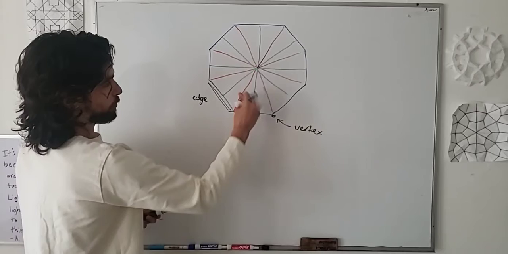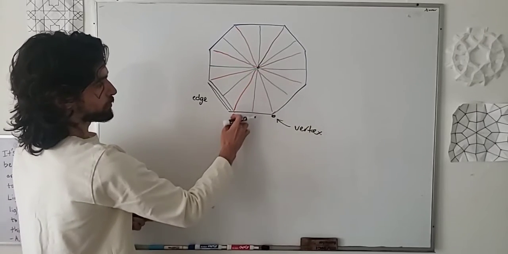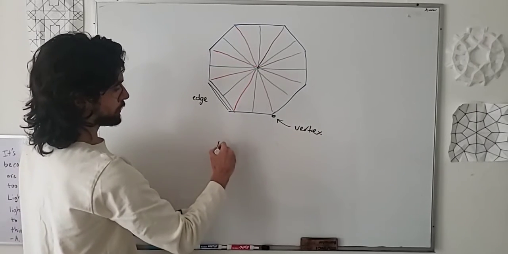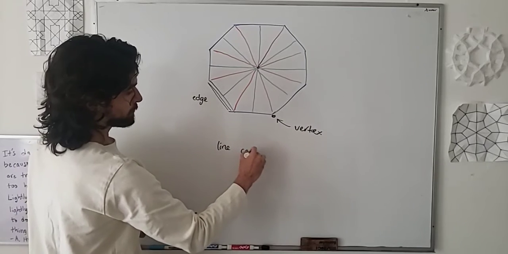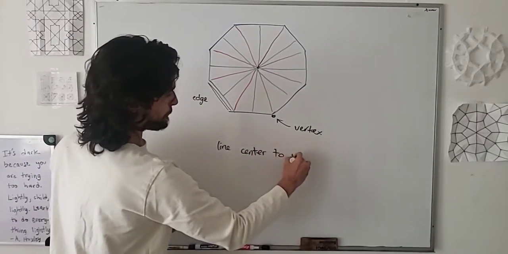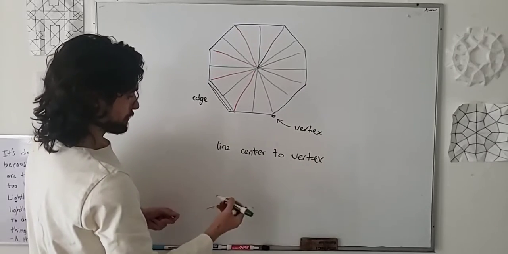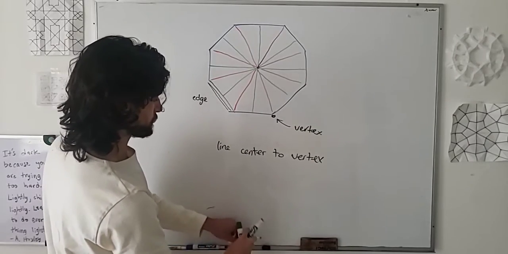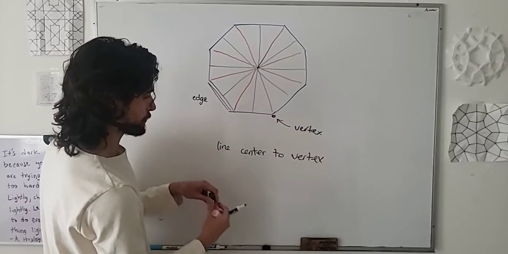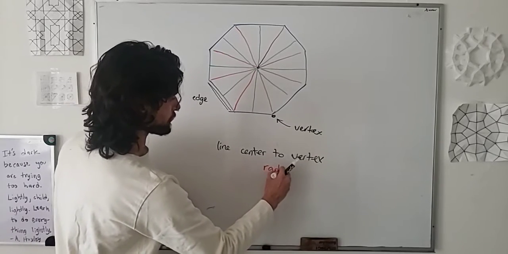This red line from the center to the vertex, line center to vertex, that's called the radius.